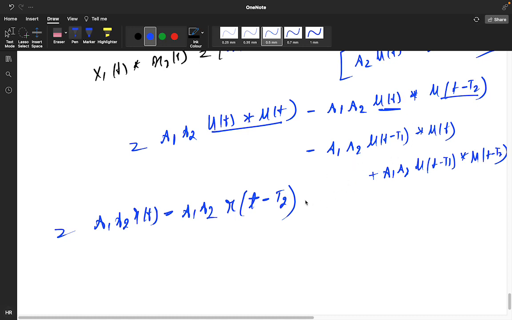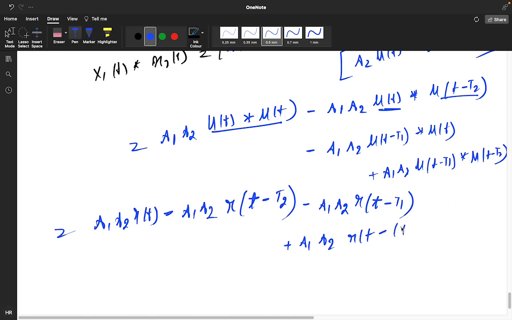Then minus a1 a2 r of t minus t1, and plus a1 a2 r of t minus t1 plus t2, since we know that both delays get added.